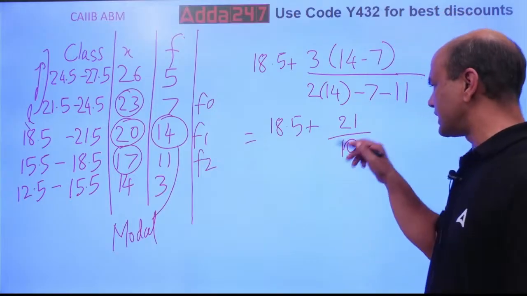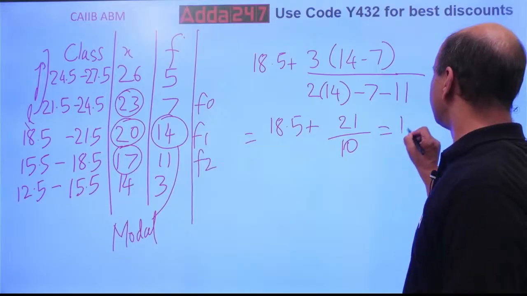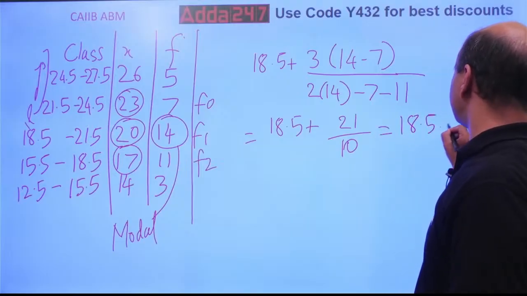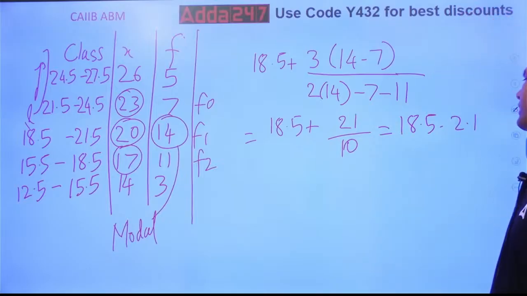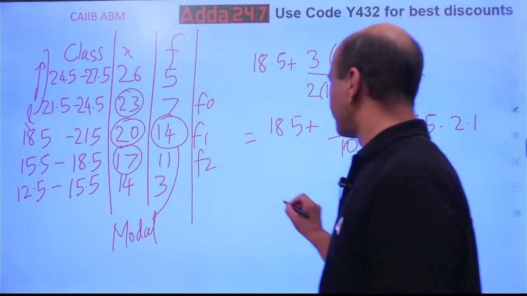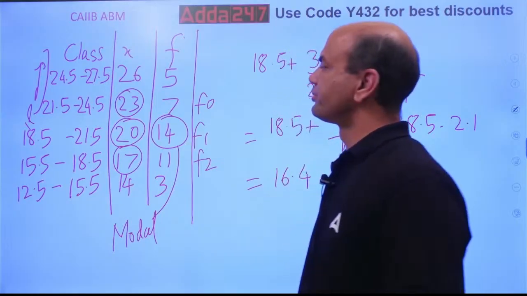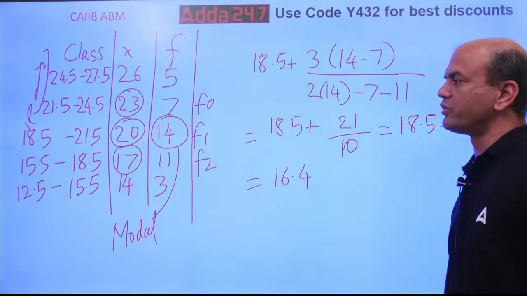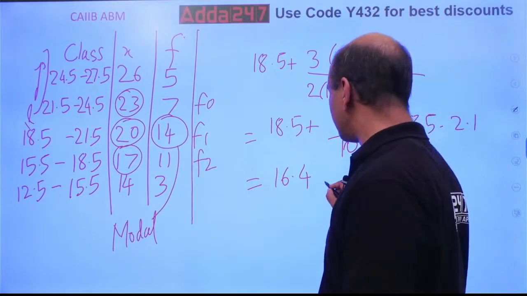Okay, so solve this using the calculator. So this is 2.1. 18.5 minus 2.1. Get it? 16.4. Okay, 16.4. Got it? So this is your mode.